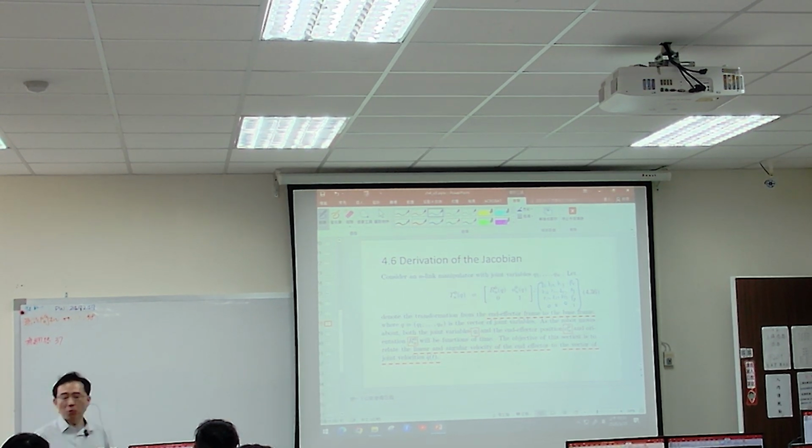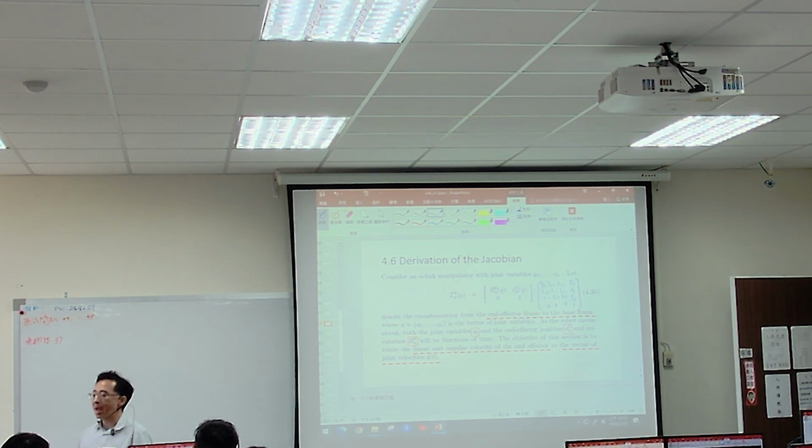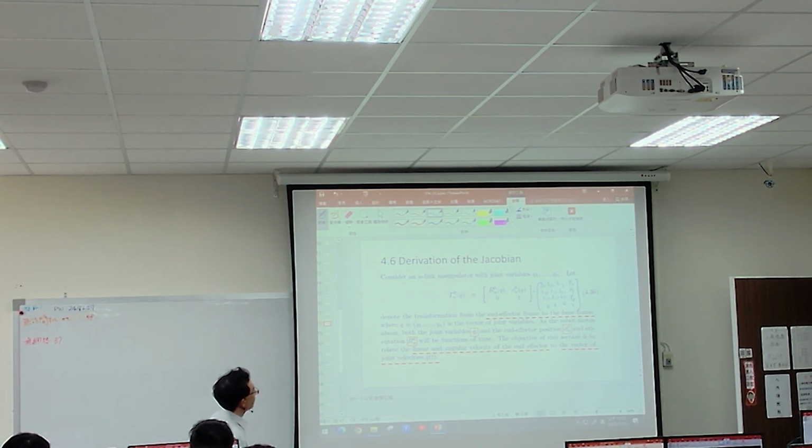The design is so we can do the computation easily: we contain the rotation matrix and the position matrix in one extended matrix form.